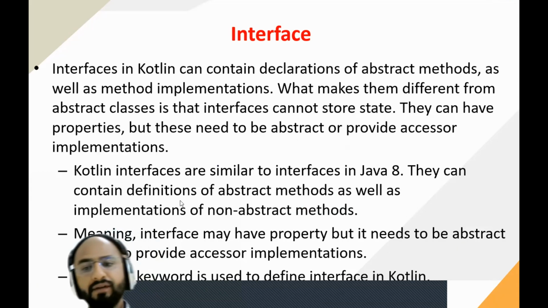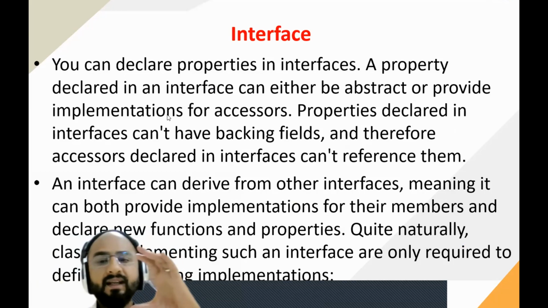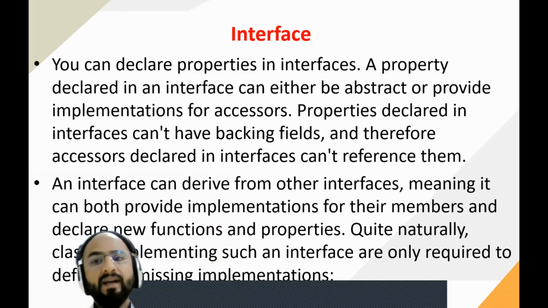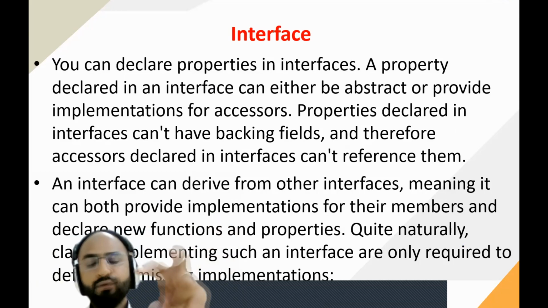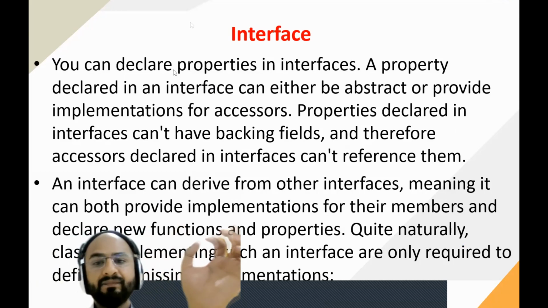The interface keyword is used to define an interface in Kotlin. You can declare properties in the interface. The property declared in the interface can either be abstract or provide an implementation for the accessor. If you are creating an interface, that interface can provide an abstract property. And if you do not want to provide that property as abstract, you need to implement this property in the accessor, meaning a child class.